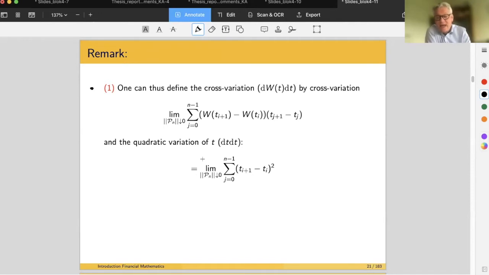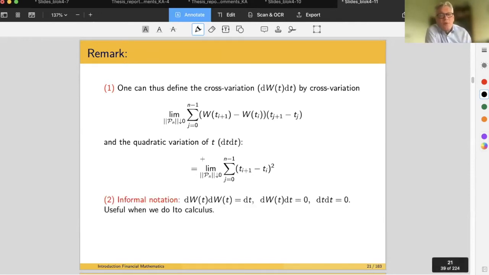Therefore, we get to these tiny increments, and the informal notation tells us that the quadratic variation of Brownian motion tells us dW dW is dt. Then the cross variation dW dt is equal to 0. And then the quadratic variation of time, just dt dt, is equal to 0. And again, this will prove to be very useful when we do Ito calculus. We can just simply make use of this.